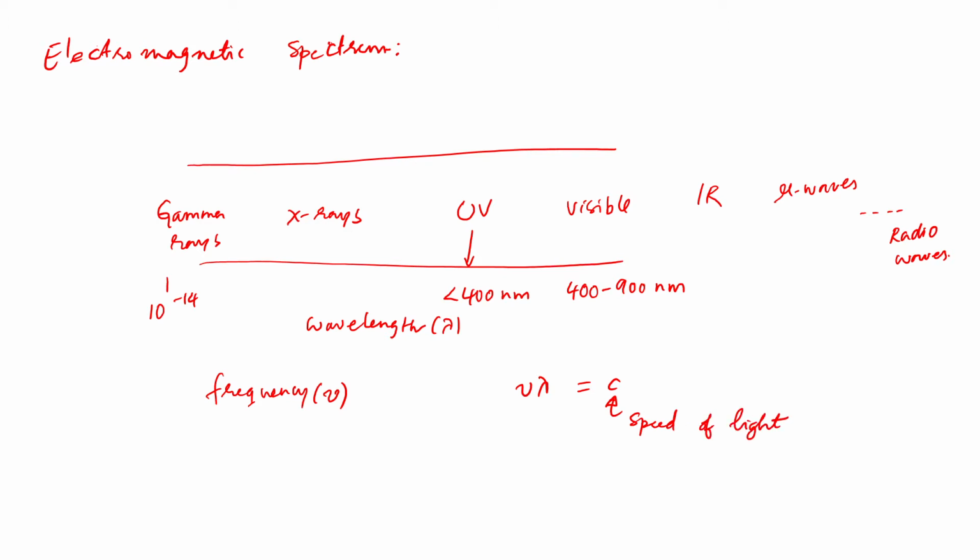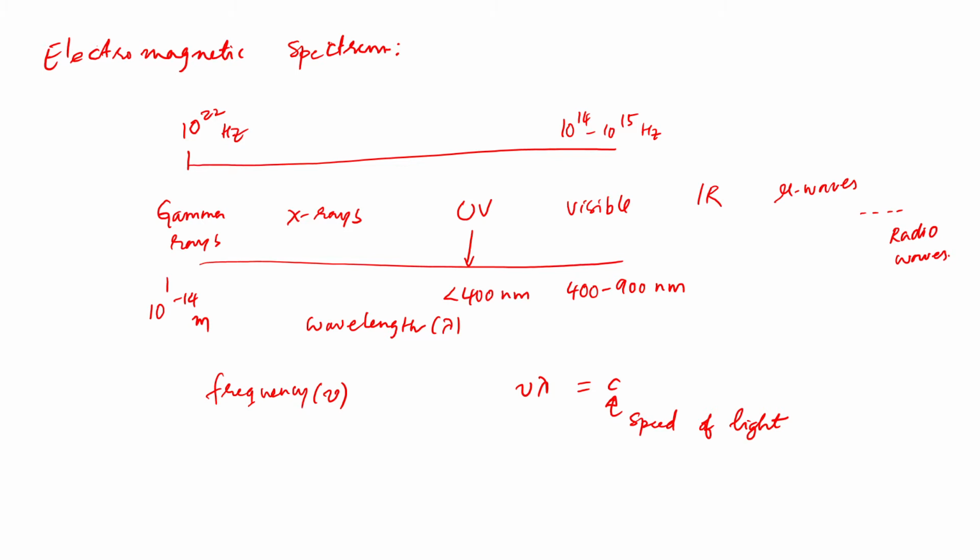So if I look at it in terms of frequency, the wavelength is something like 10 to the power minus 14 meters. So the frequency is something like 10 to the power 22 hertz. And if you look at the visible radiation, it would be somewhere around 10 to the power 14 to 10 to the power 15 hertz. Now that's the frequency of visible radiation.